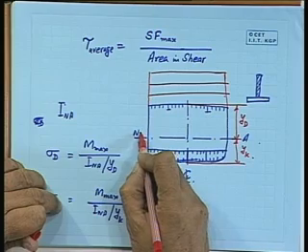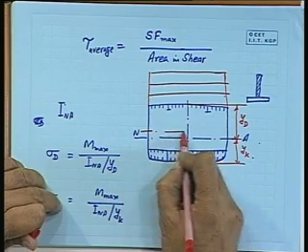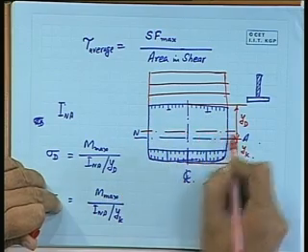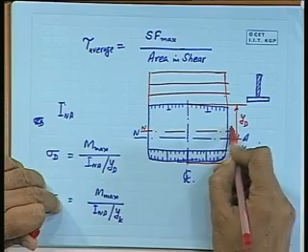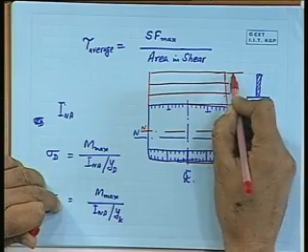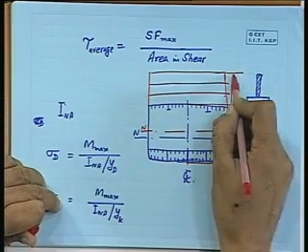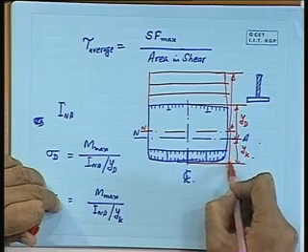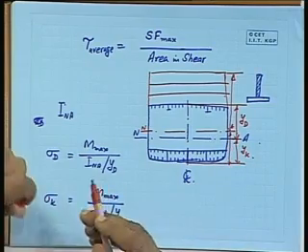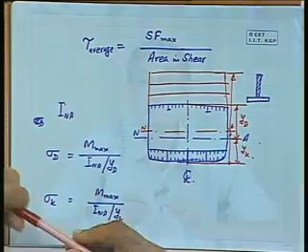This will virtually raise the neutral axis position also. But what happens? This value will be far greater than this value here, and this will drastically reduce the permissible stress there, or it will increase the stress at this level, which will become dangerous for the health of the structure.